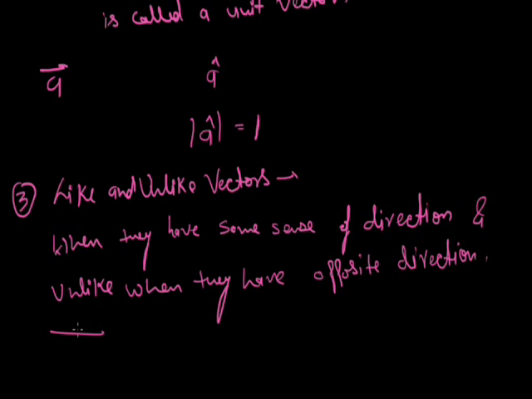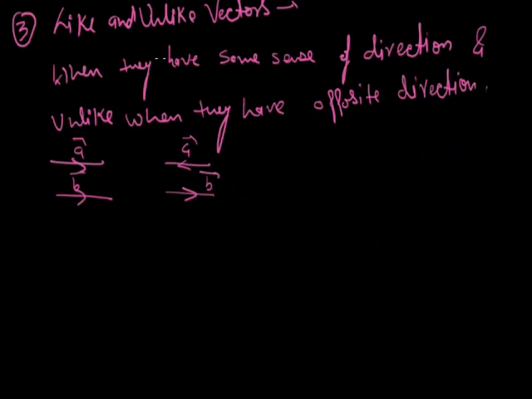Here, vector a and vector b are both in the same direction, so this is an example of like vectors. Here, they are in opposite directions, so this is an example of unlike vectors.